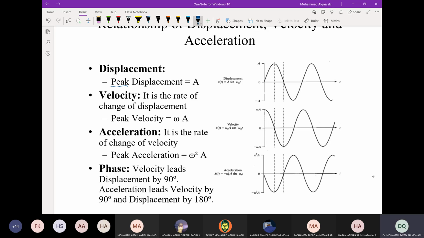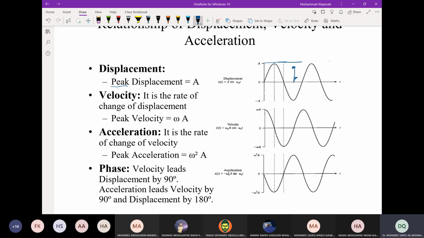Okay, so this is A, measured from here, not from minus A to A. That is called peak to peak. So the peak is the maximum. You measure the position of the mass from a reference point, which is the zero line. Sometimes for the spring mass system, it is called equilibrium line.